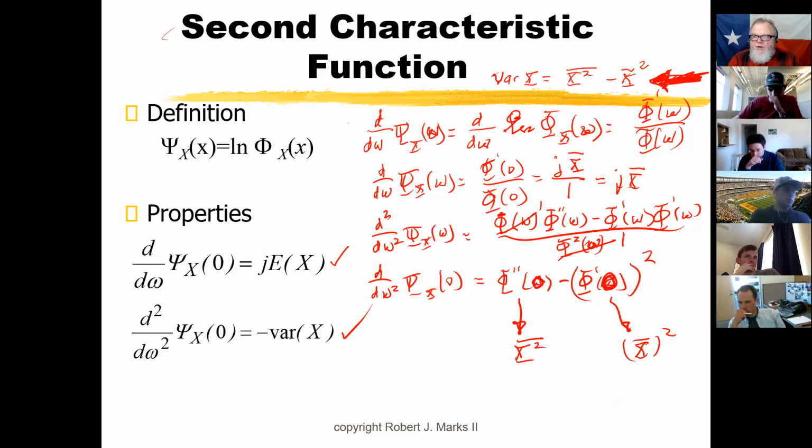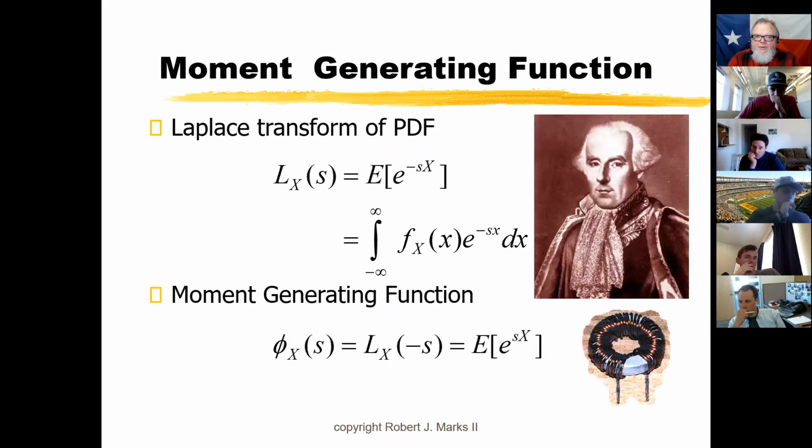We know in electrical engineering that the Fourier transform is not the only transform that we play around with. We also play around with Laplace transforms. And I'm not going to get into Laplace transforms because the Fourier transform suffices for the stuff that we would like to do. It does turn out that one can talk about the Laplace transform of the probability density function, and there are relationships between the Laplace and the Fourier transforms. The Laplace transform of the probability density function is called the moment generating function.